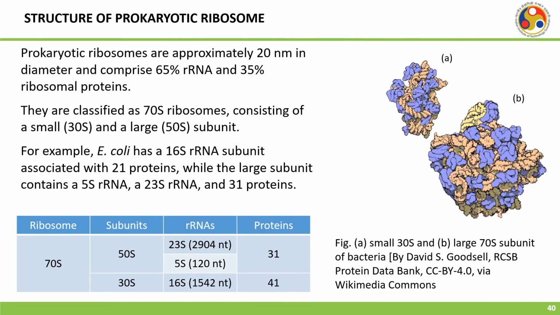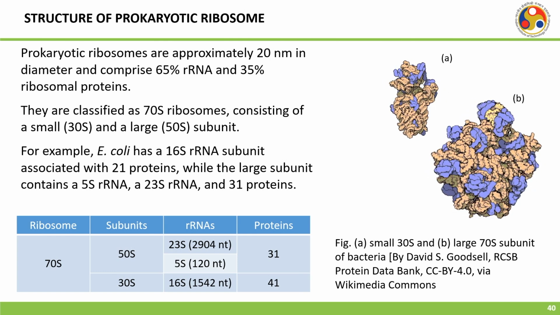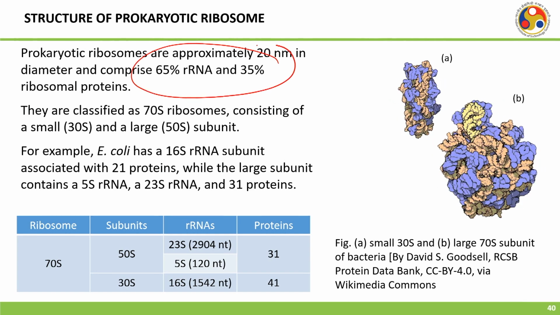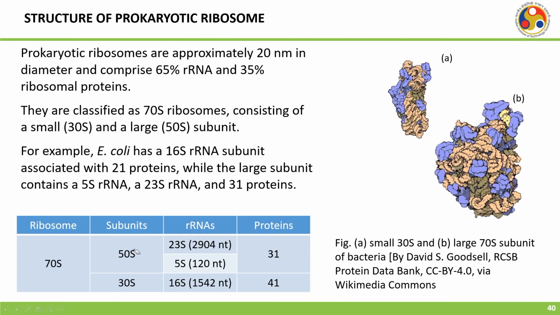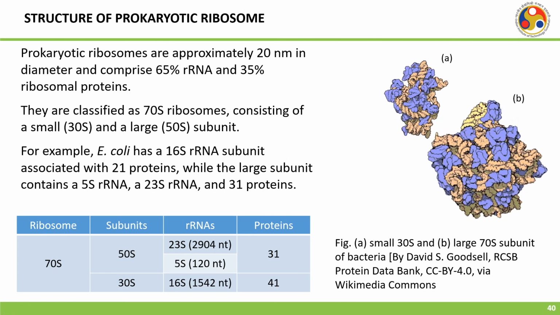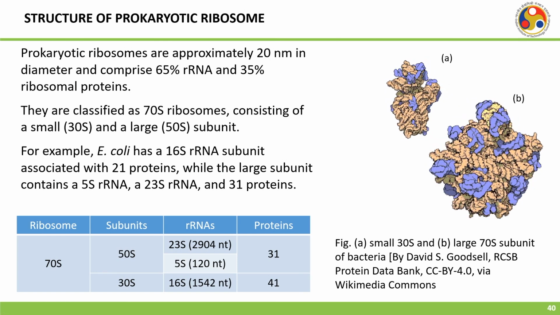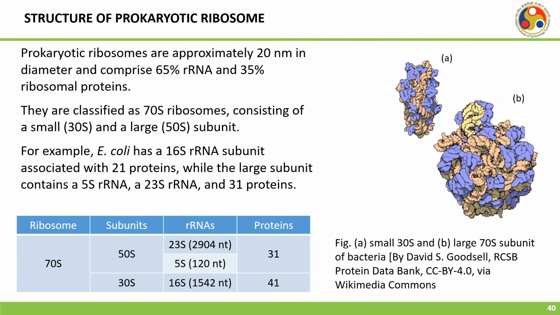The prokaryotic ribosomes are approximately 20 nanometers in diameter and comprise 65% rRNA and 35% ribosomal proteins. They are classified as 70S ribosomes consisting of a small 30S and large 50S subunit.